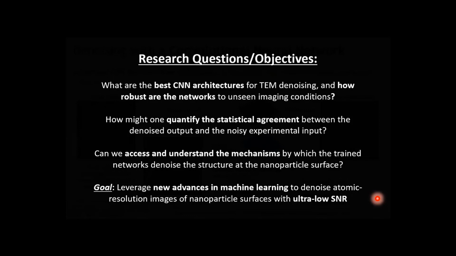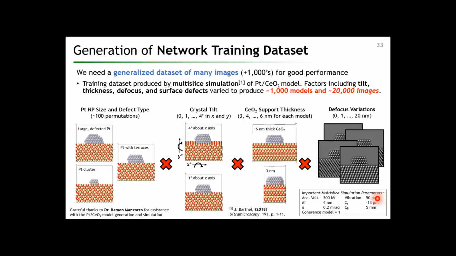So we're going to leverage these convolutional neural networks to denoise our images. Like I had mentioned before, we were leveraging multi-slice image simulations to generate a training set. The network needs a very large quantity of data to train, 10,000 images, 1,000 images, in order to go through that iteration an adequate number of times. I won't go into much detail about this.